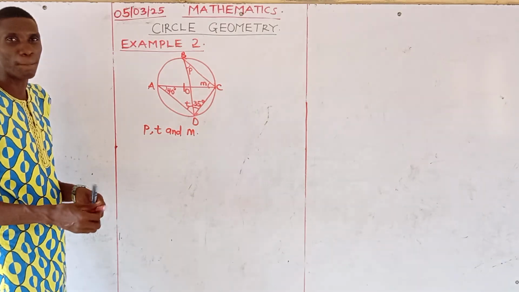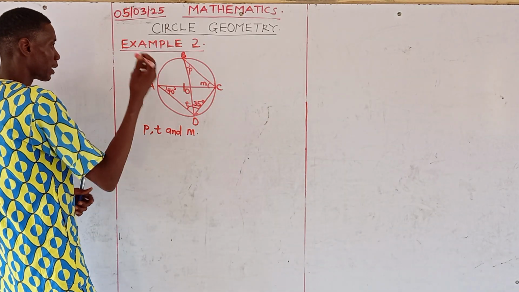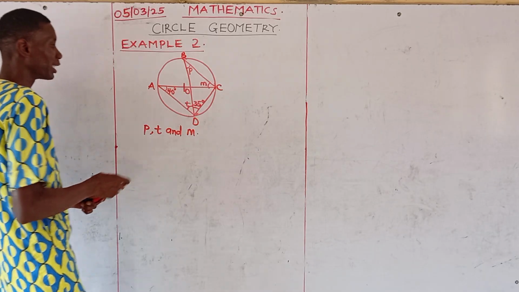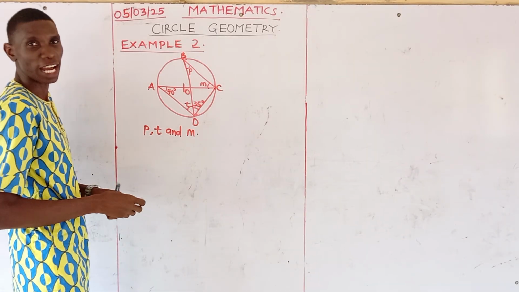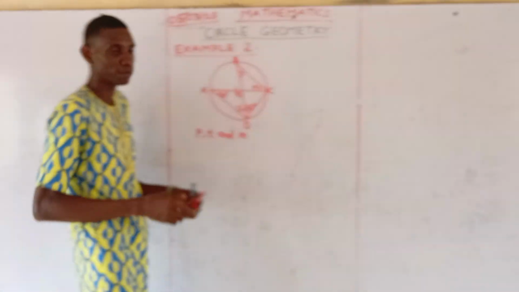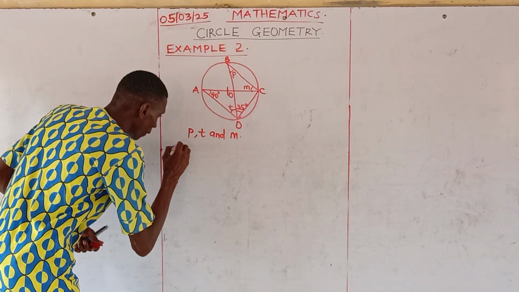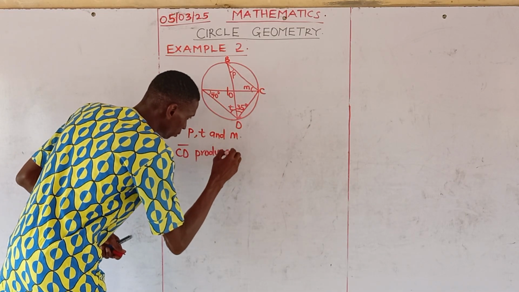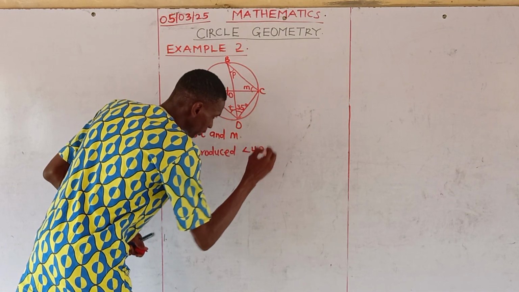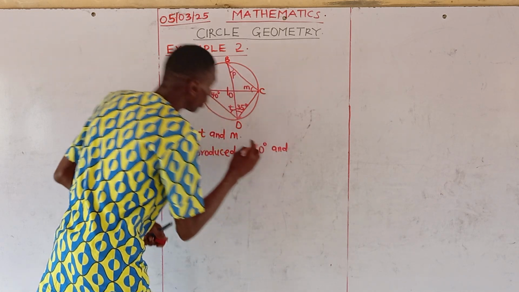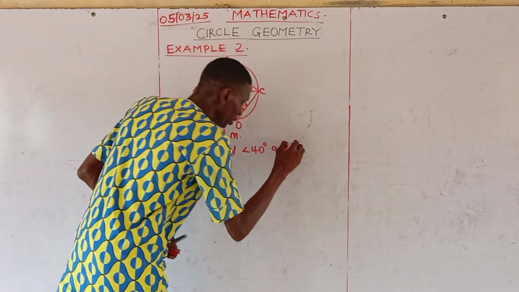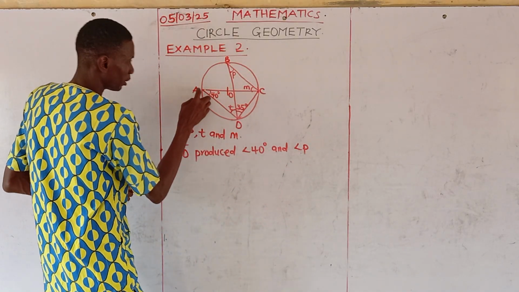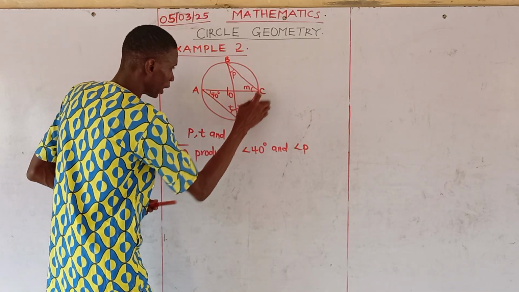Now, let's bounce into the question. Look at chord CD. Chord CD is the one producing angle 40 degrees, and it is the same chord CD producing angle P. Look at the same chord CD again.